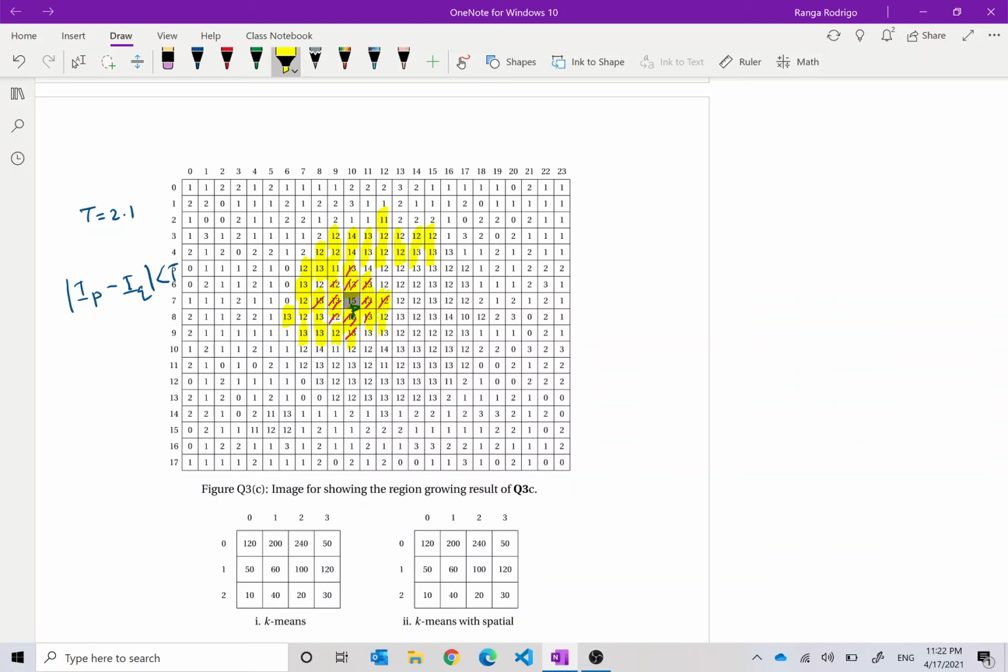So through 12, this 10 would also get into the segmentation.